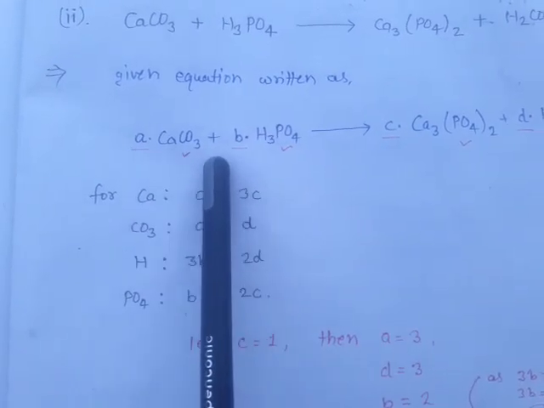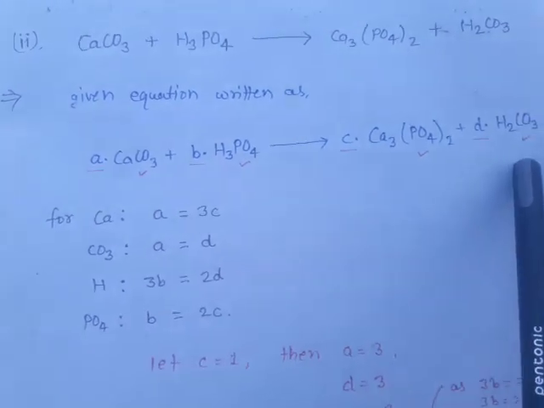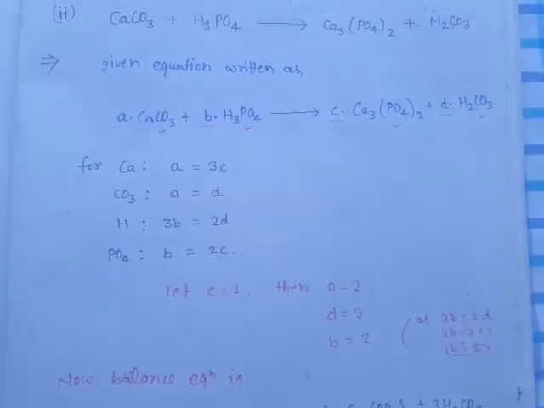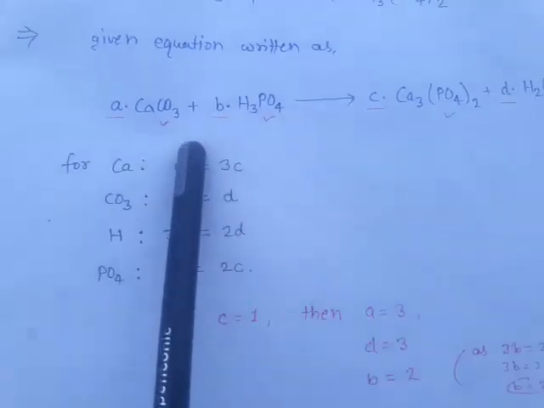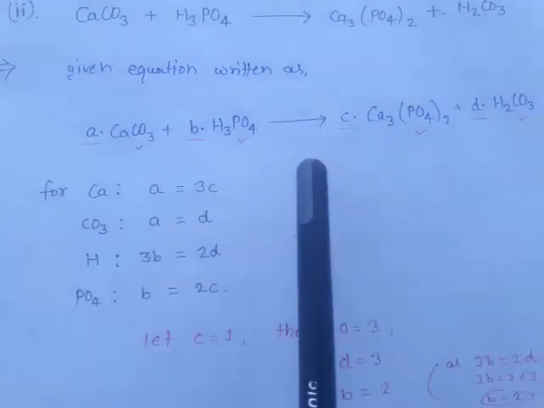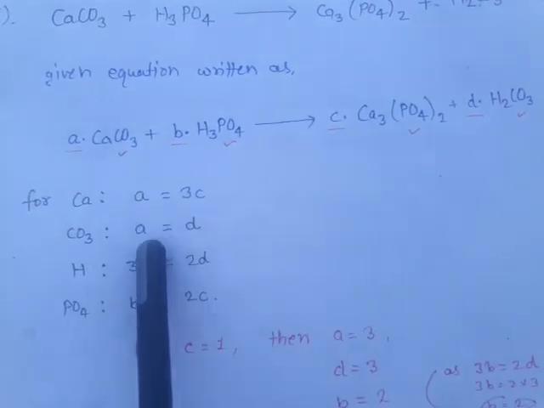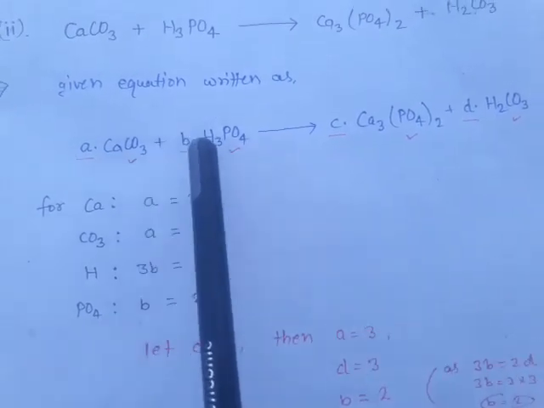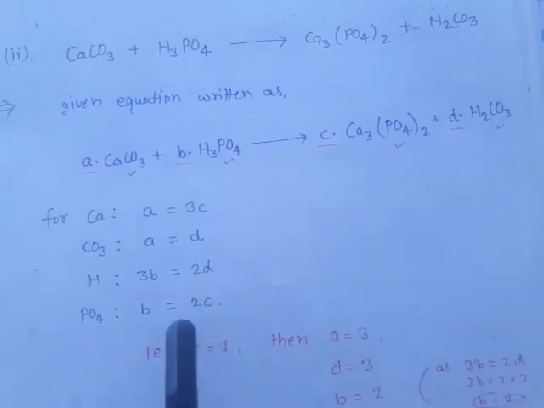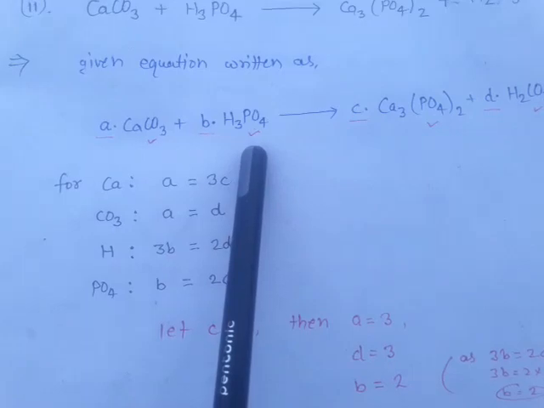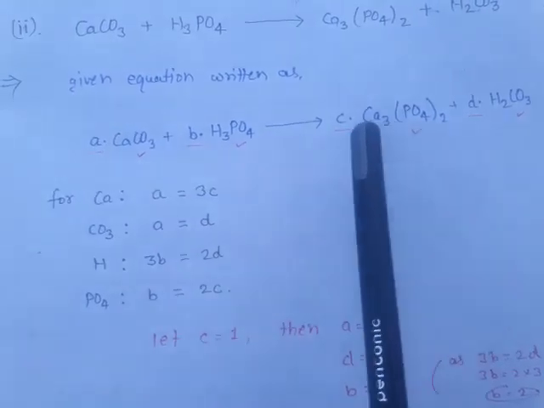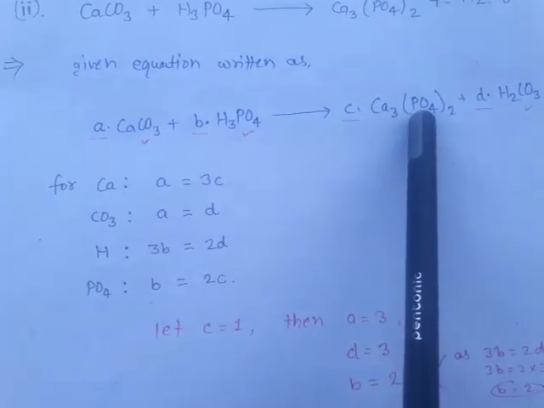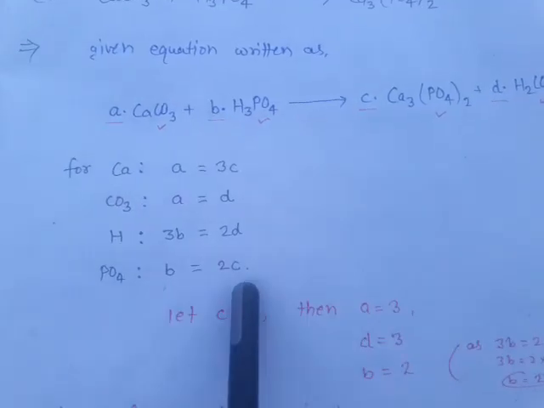Here carbonate is taken as a group: CO3 is present in both, so CO3 in 1 molecule gives A is equal to D. For H, hydrogen: 3B on the left and 2D on the right, so 3B is equal to 2D. And PO4: 1 molecule, that is B, and 2 molecules of C, so B is equal to 2C.